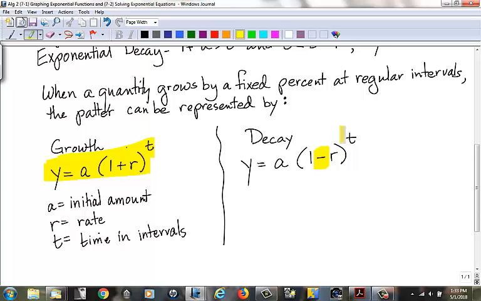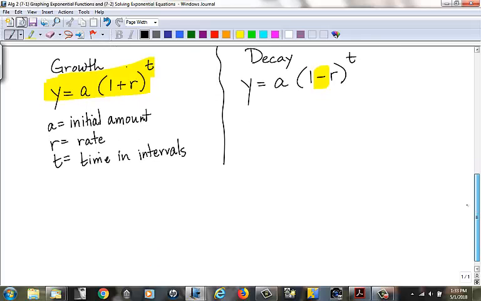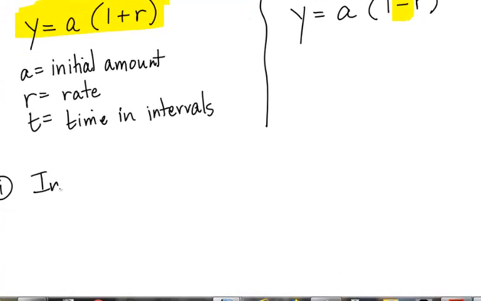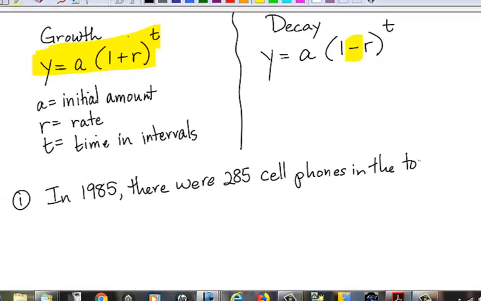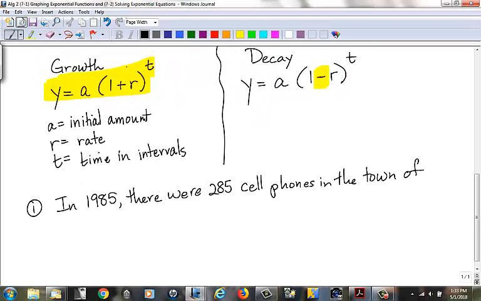Okay, now I want to go through a couple of examples. In 1985, there were 285 cell phones in the town of Centerville.